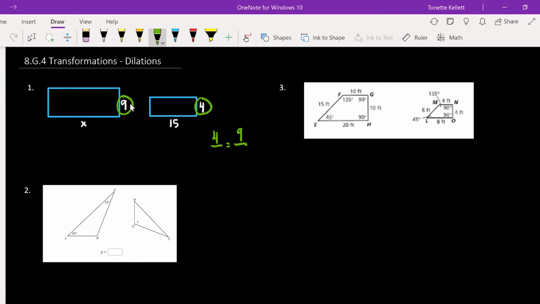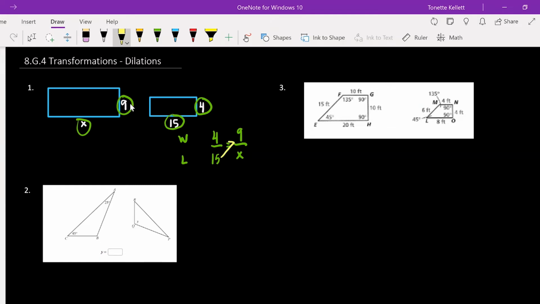So I'm going to say this is the width and this is the length. 15 is going to be the small one. So 4 and 15. And X is the one we don't know. In order to solve a proportion, multiply diagonally, then divide by the number left over.